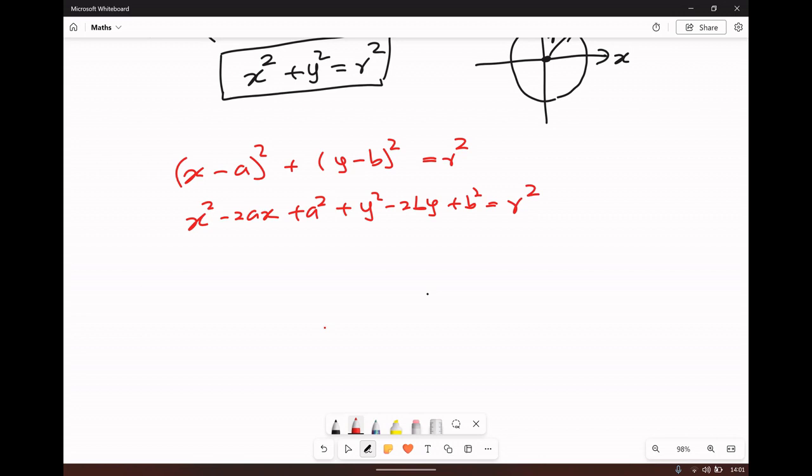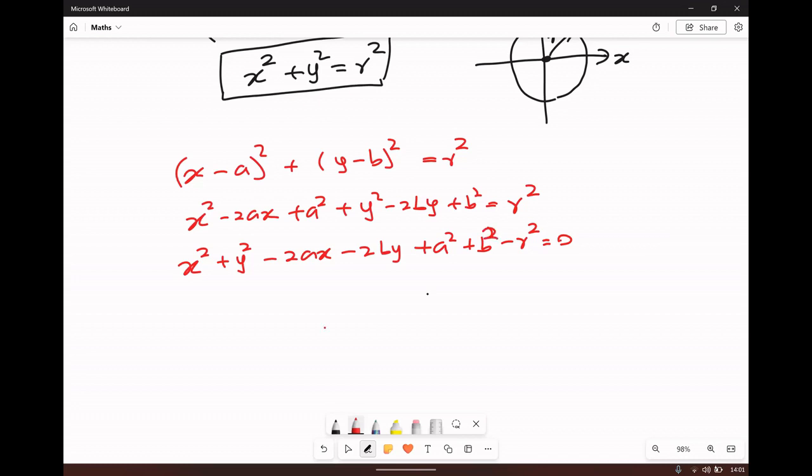If I move all the terms to the left-hand side, we get x squared plus y squared minus 2ax minus 2by plus a squared plus b squared minus r squared equal to 0.